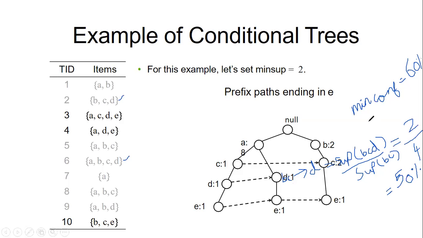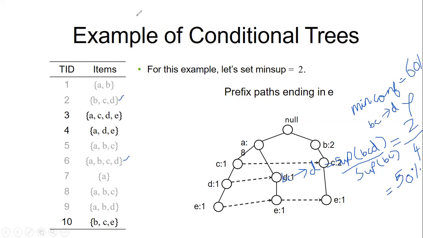The rule I have taken is BC tends to D. So this rule is not a strong association rule. Why? Because the confidence is less than the minimum confidence, so it will not be considered.